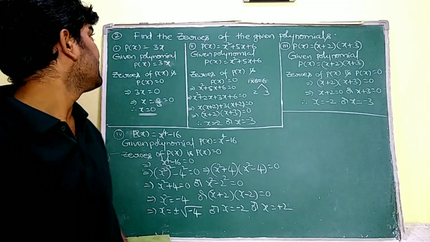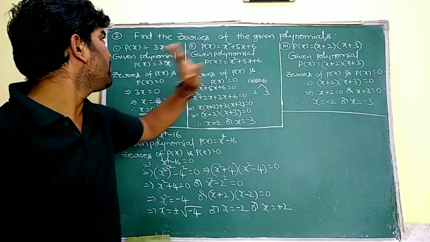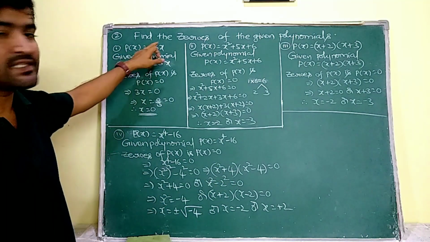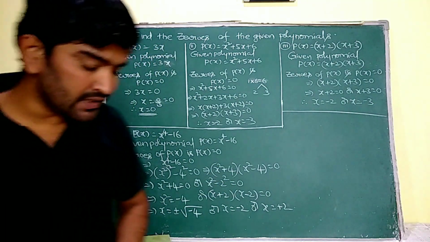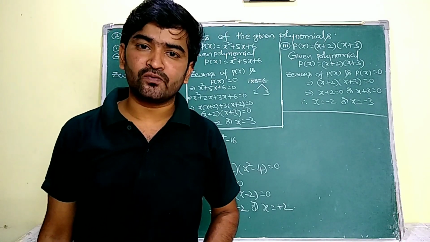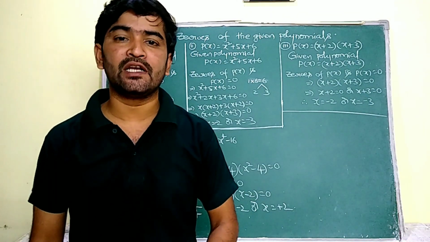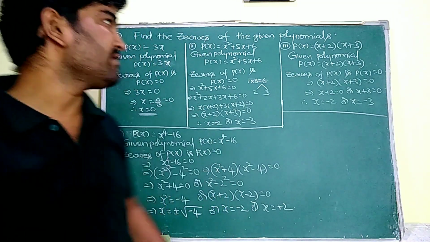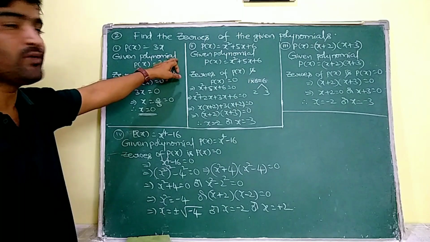See, the second question. Find the zeros of the given polynomials is asking. Firstly, see, here he gave p of x is equal to 3x. We know that to find the zeros of any polynomial, we must equalize the polynomial to 0. That is why firstly you have to write the given polynomial.